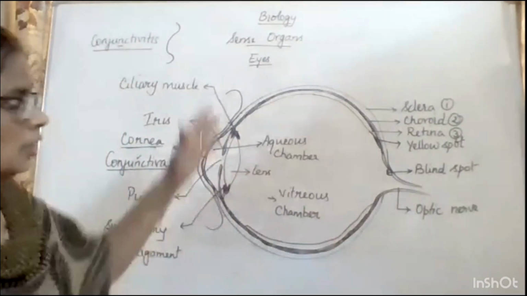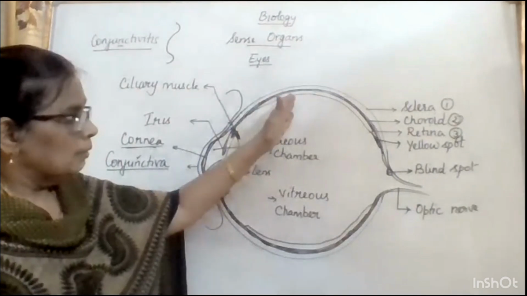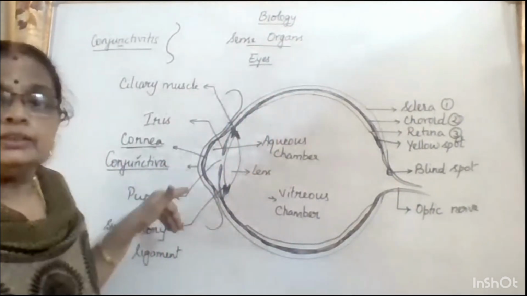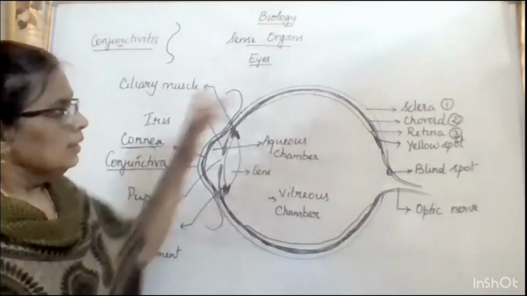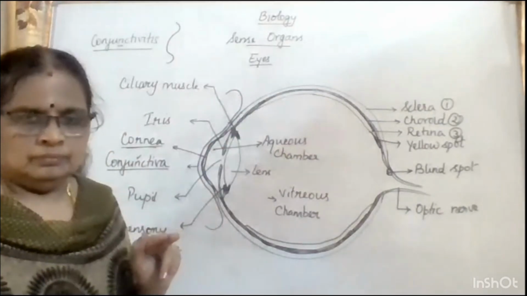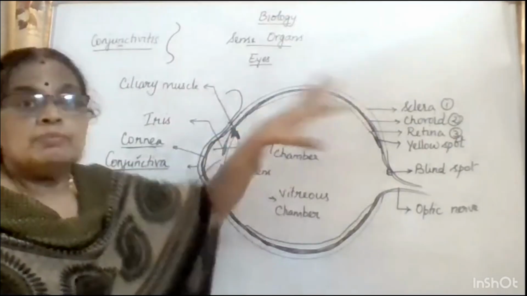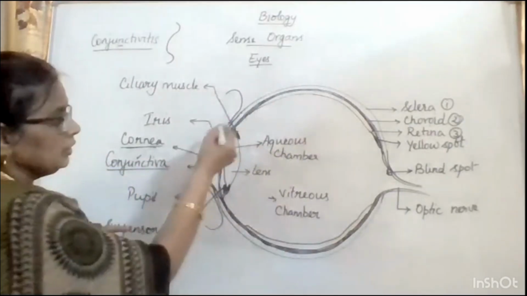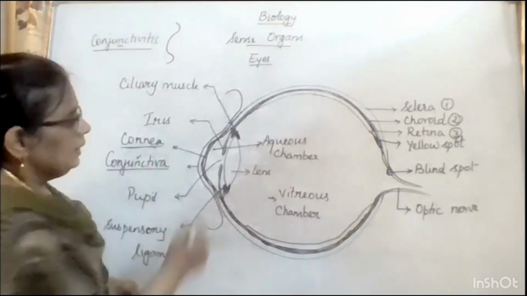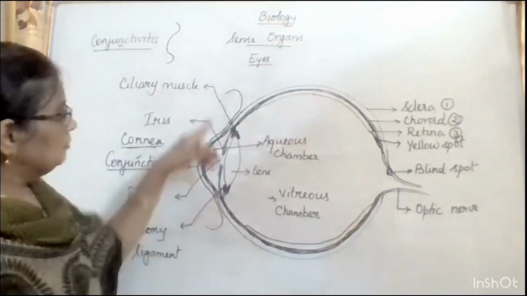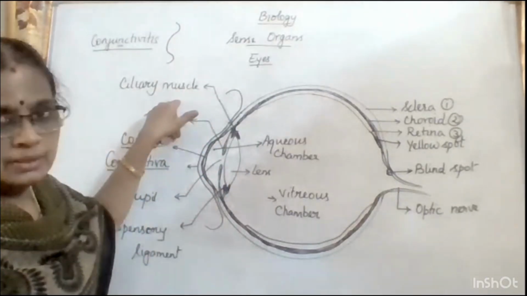So what is cornea? It is the bulging layer of sclera in the front. Only in the front it is bulging. The second layer is choroid. It is a muscular layer. When this choroid comes to the front, children, in this region it divides to form the ciliary muscles.